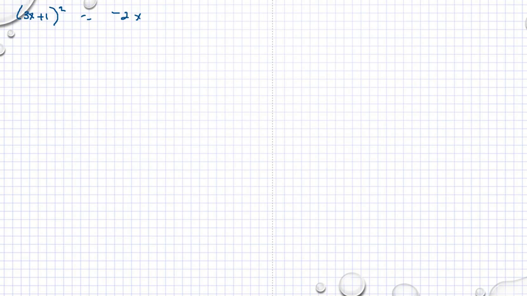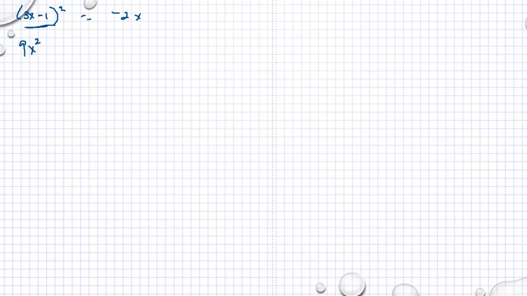Next is this one. We have 3x plus 1 in parentheses squared is equal to negative 2x. If we expand this square, we have 9x squared. I think I will change this one. I will change this into negative 1 minus 1.